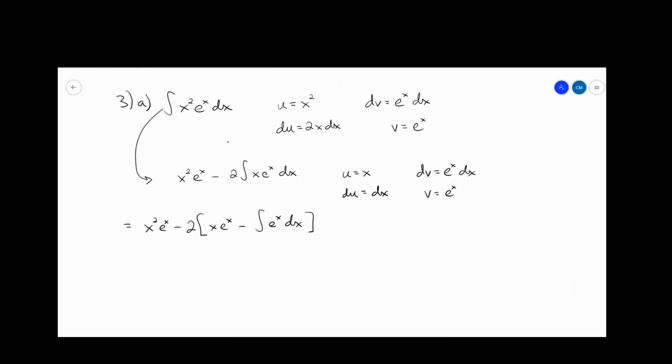But now we can do that last integral, right? It's just itself. The integral of e to the x is just e to the x. So let's finish this off and distribute that 2. It's actually a minus 2, so it'll become a plus 2 on the end of this. And then the integral of e to the x is just e to the x. And so there we go. So there's our antiderivative of x squared e to the x.